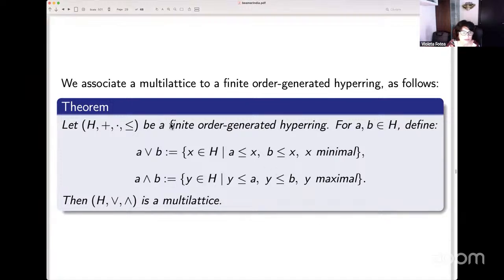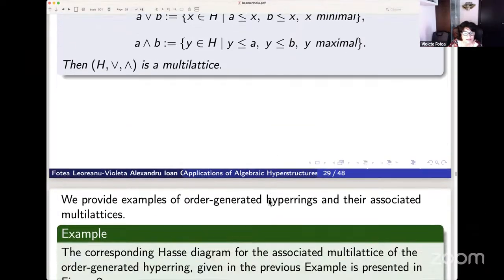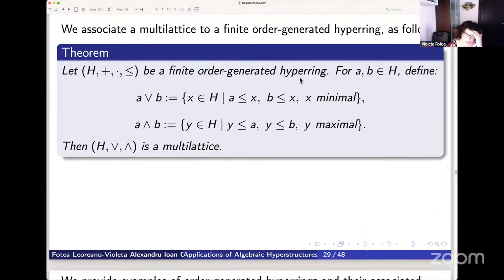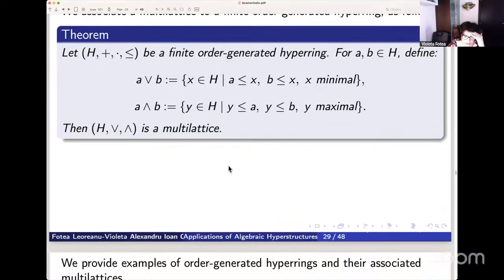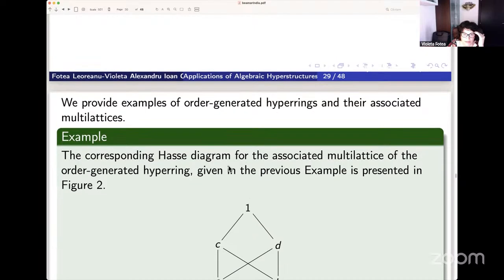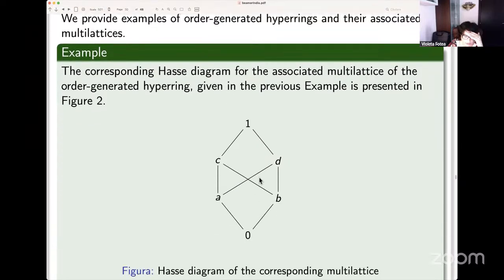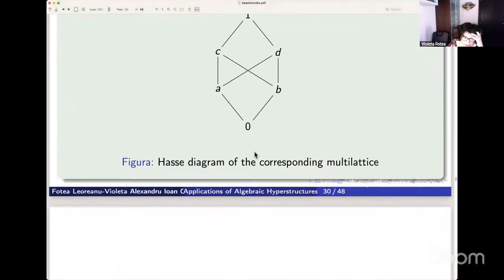If we start with a finite order generated hyperring and we consider as join only the minimal elements which are upper bounds, and for meet the maximal elements which are lower bounds, we obtain a multilattice. The hyperring has already an order, so respecting this order, it is a multilattice. And for that example, we obtain just this diagram.